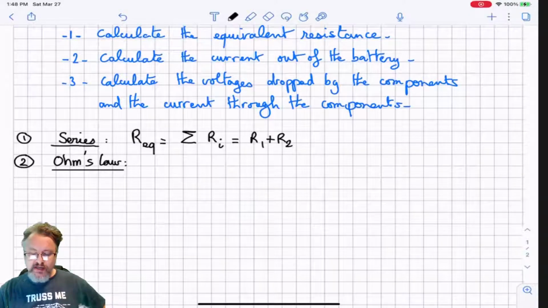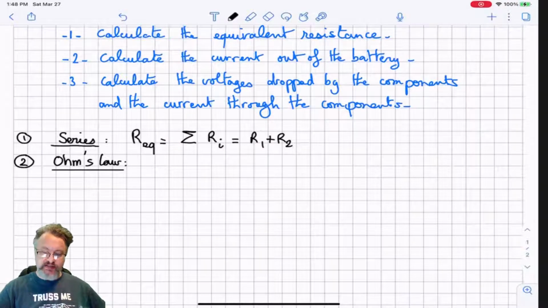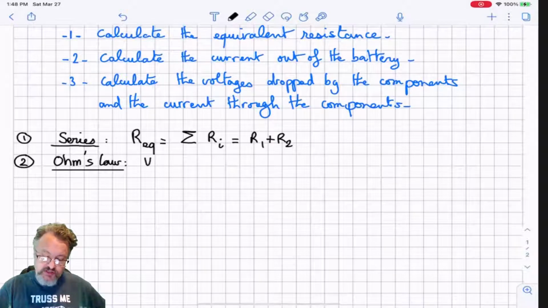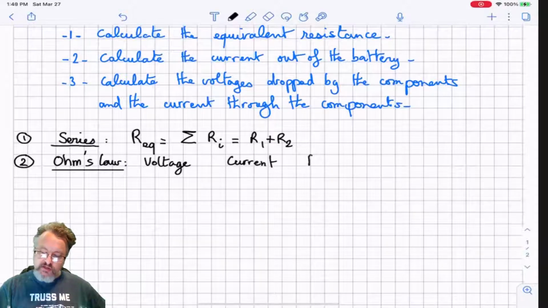So Ohm's law is essentially a law that connects 3 of the things we have measured so far in our electrical circuits. So it will connect the voltage, it will connect the current, and it will connect the resistance together.